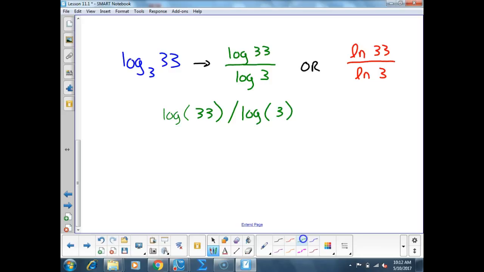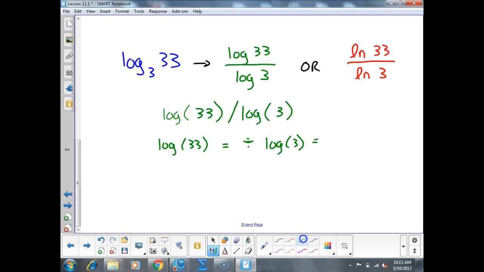Or you could go log of 33 and hit equals, then hit divide, type in log of 3, and hit equals again. And you can replace all of those with natural logs too.